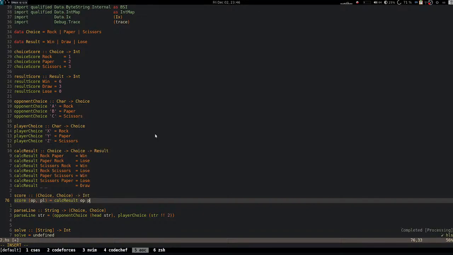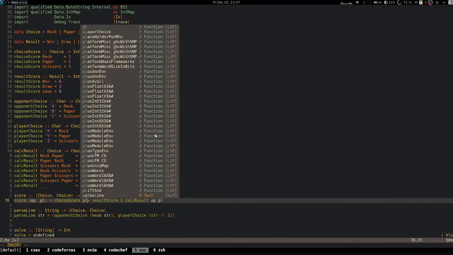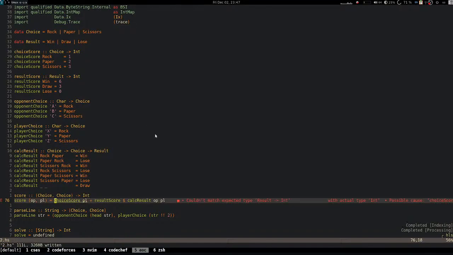We want the result score of this. And what is the next thing? I guess the choice score of the player, right? What is the problem with the choice score of the player?